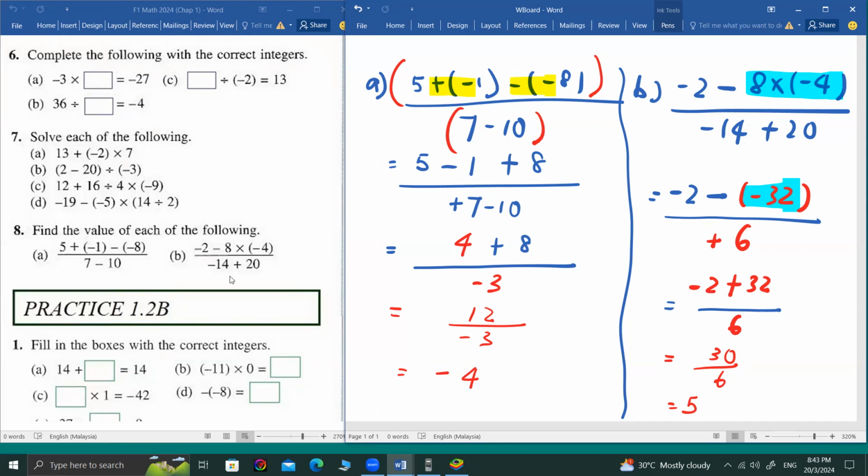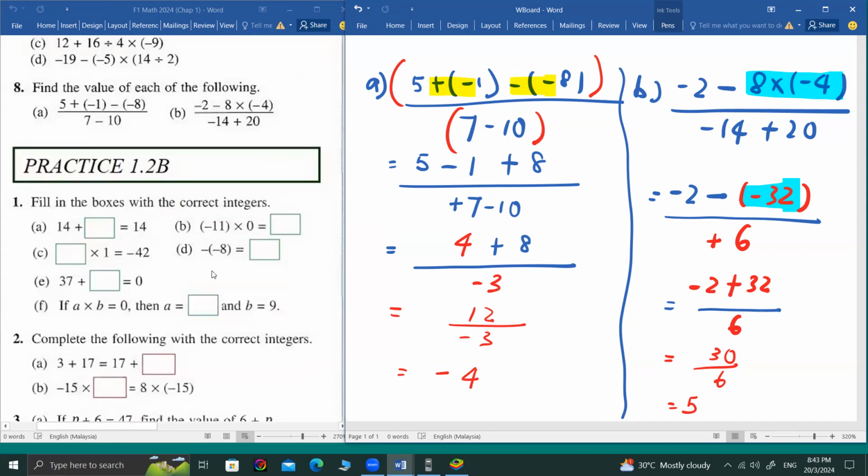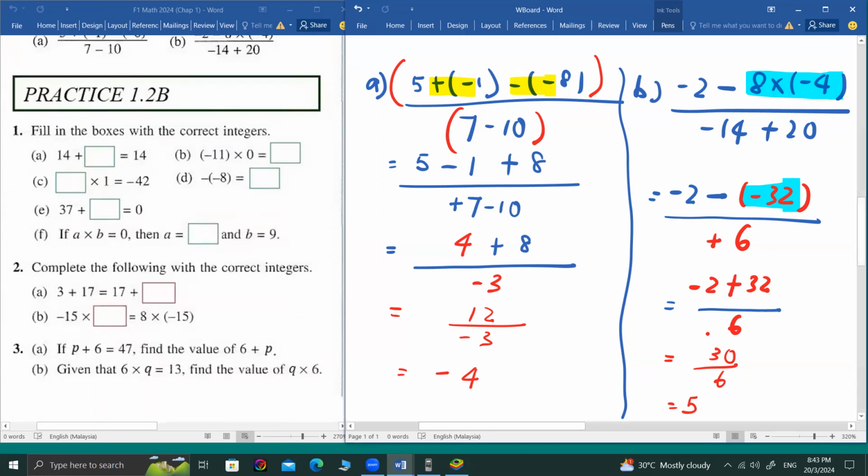Okay, now class, for this time. Junior, okay? Now, done doing the corrections? Christian, done? Not yet. Okay, class, get ready for 1.2b.